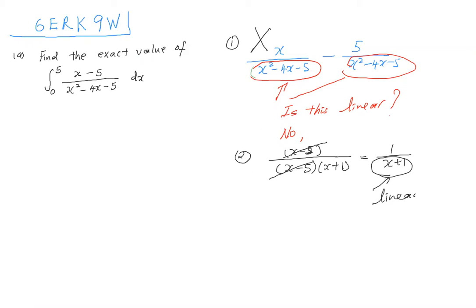So now if linear, then it can work. When you talk about simplifying things, there are a few methods. You try the method out. If it doesn't work, go to another method. Okay, so now can you please use the second method to find the exact value for that?